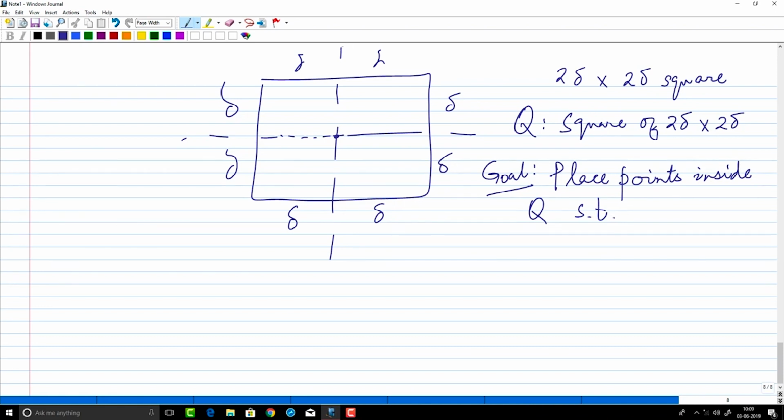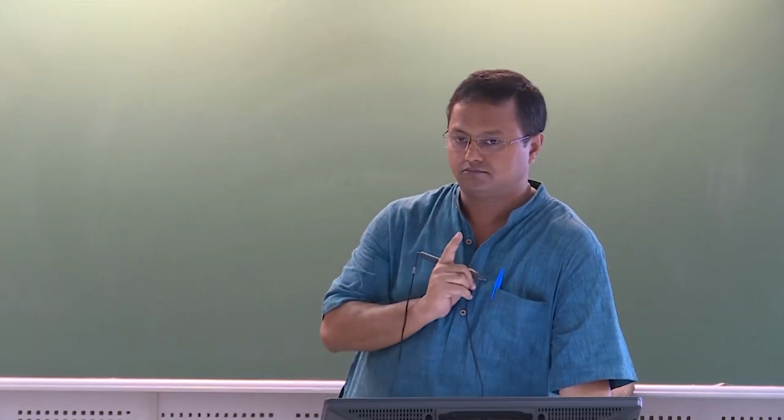Any point on the left side, by left side I mean this line and to the left. This is the left side, closed interval on this line and within this Q, and this is kind of an open thing on this side. So, you have to place points inside this 2 delta cross 2 delta square such that for placement of any 2 points on the left, their distance should be greater than or equal to delta.